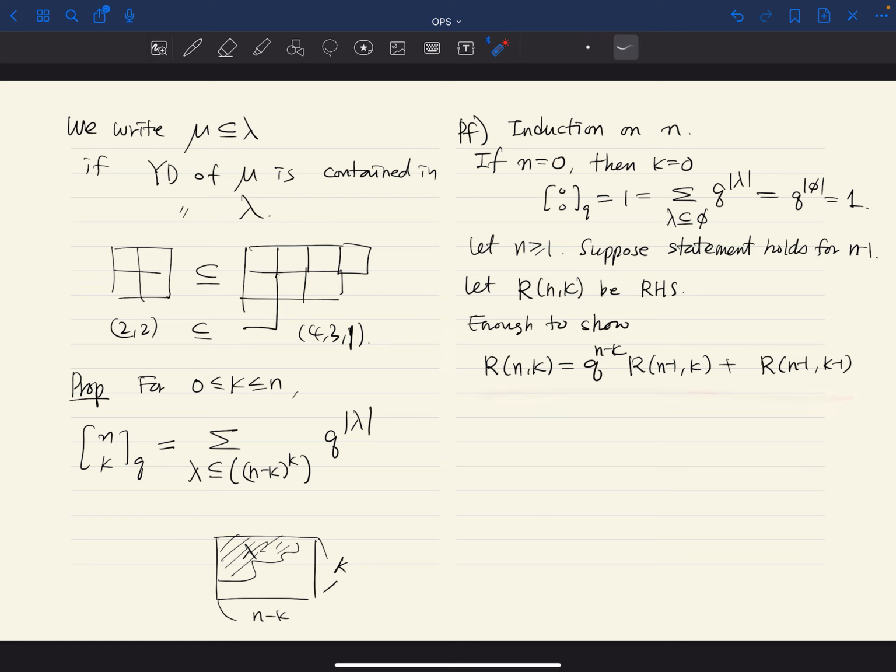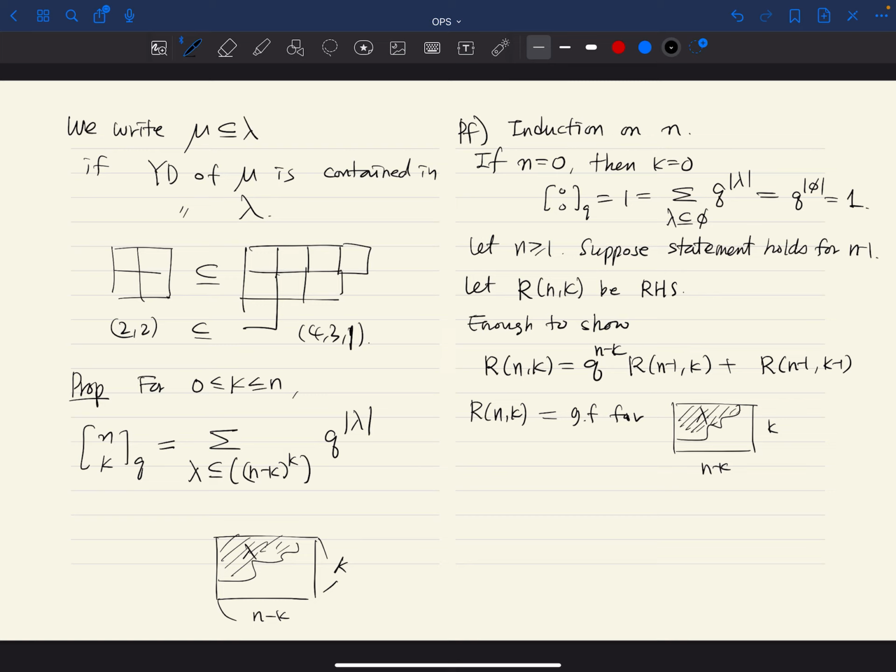So our goal is to prove this, but this should be quite easy to prove now, because if you think about the diagram of lambda contained in this box, R n,k is the generating function for all these lambda contained in the k by n minus k box. And for each lambda, we add q to the size of lambda, meaning the number of boxes inside this lambda.